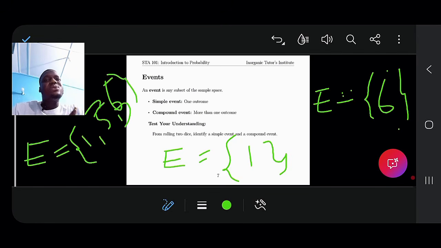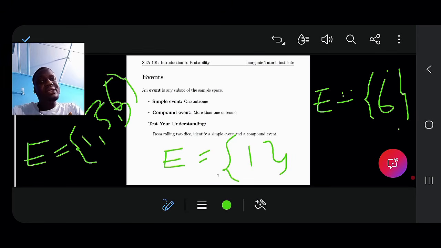So that is what differentiates a simple one from a compound one. A simple event just has only one outcome. You just have to do one thing to satisfy the goal. But for compound events, we give you multiple choices or ways you can accomplish the mission.